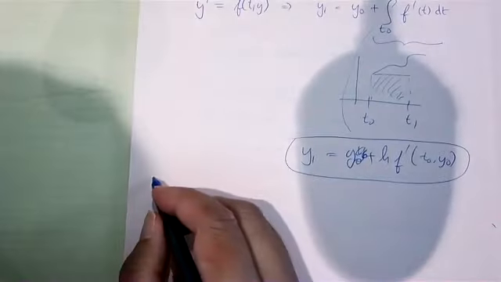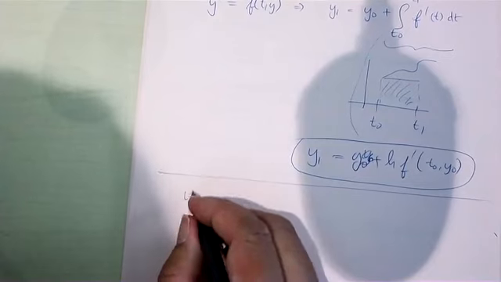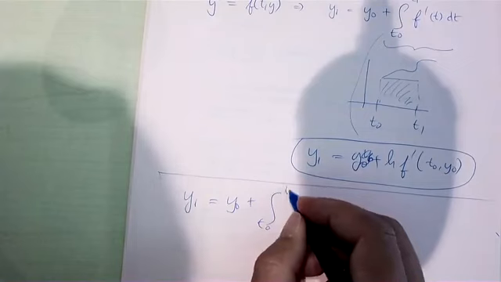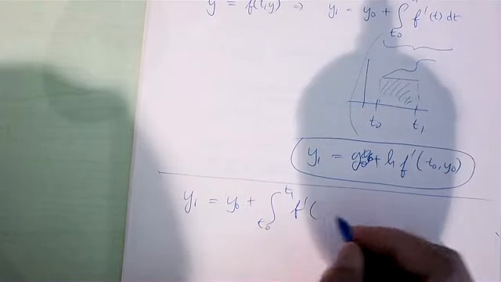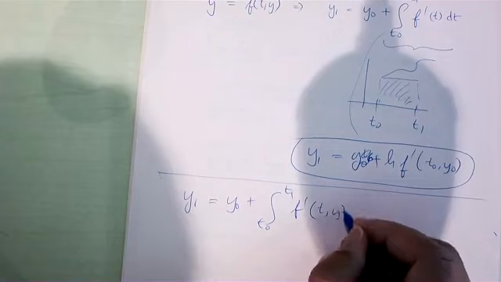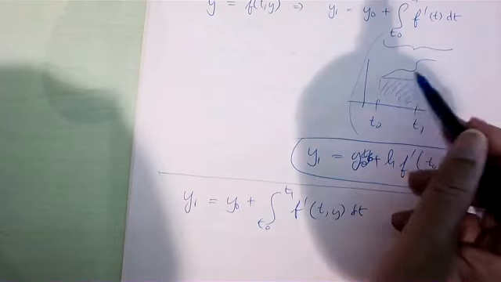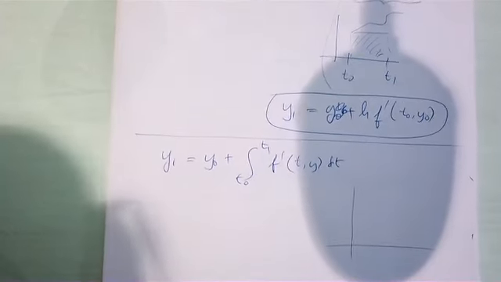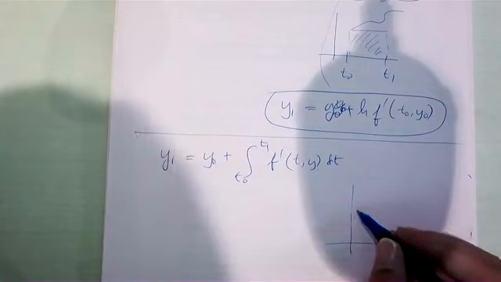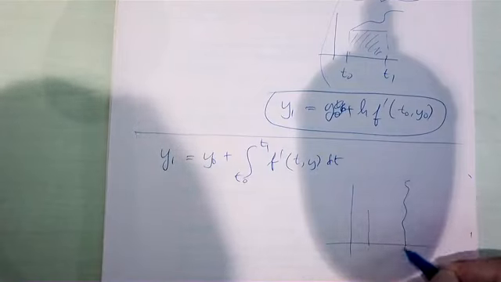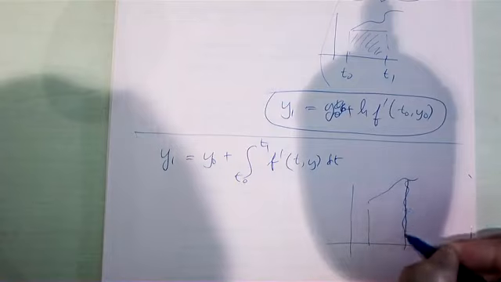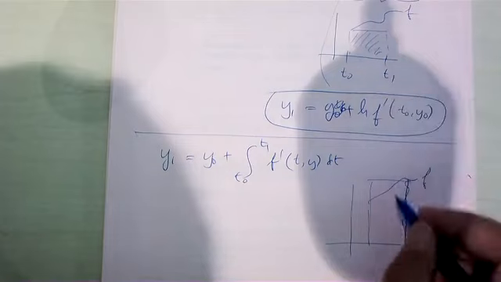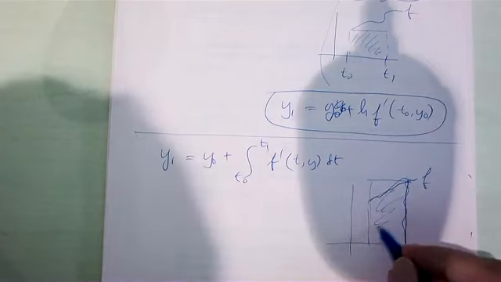But now if I approximate this integral by something different, y1 is y0 plus the integral from t0 to t1 of f, instead I approximate by the right-hand side rectangle.